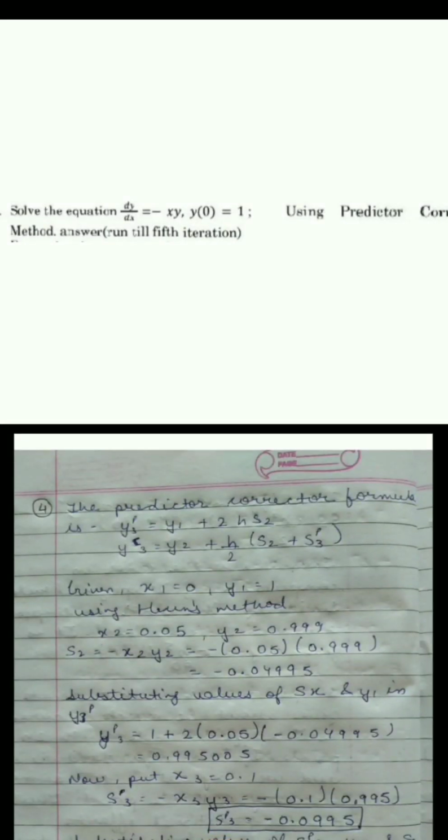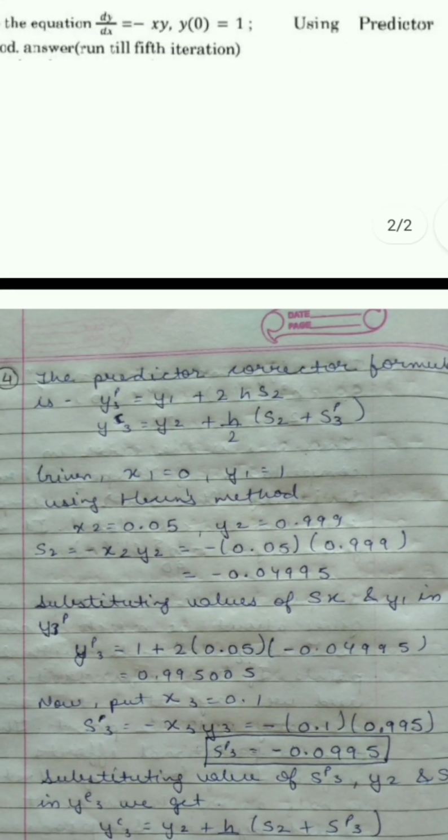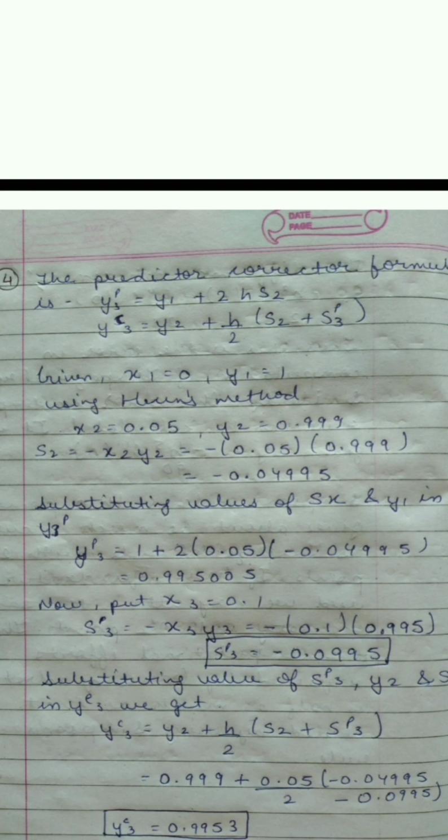Solve the equation dy upon dx is equal to minus xy, where y0 is equal to 1, using the predictor corrector formula. The predictor corrector formula is y predictor is equal to y1 plus 2h s2 and y corrector is equal to y2 plus h upon 2 (s2 plus s3), given x1 is equal to 0 and y1 is equal to 1.